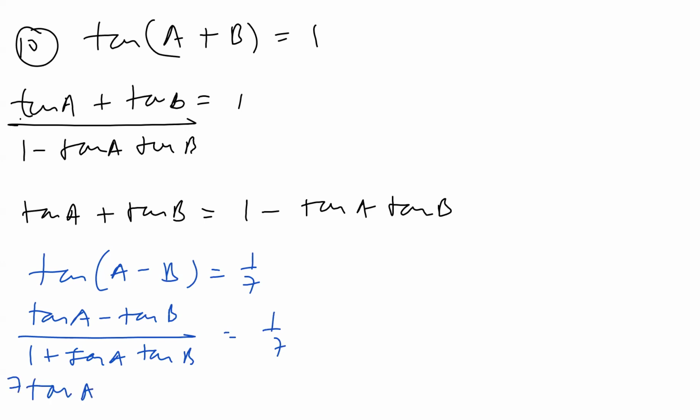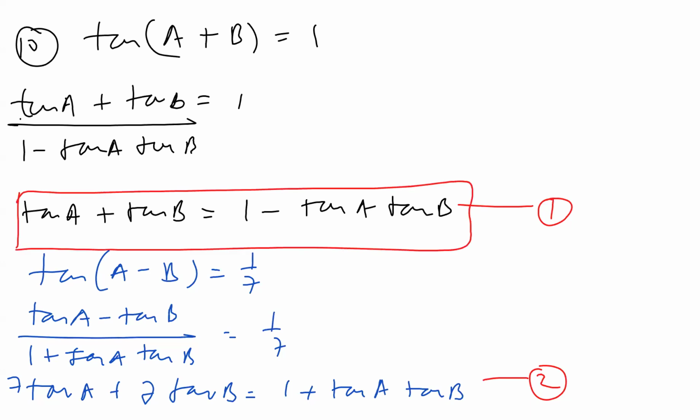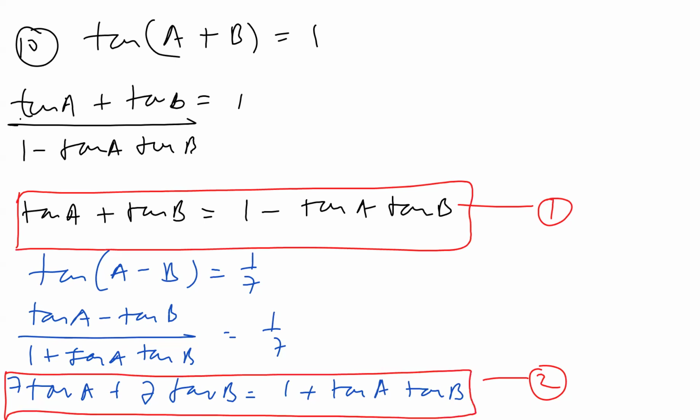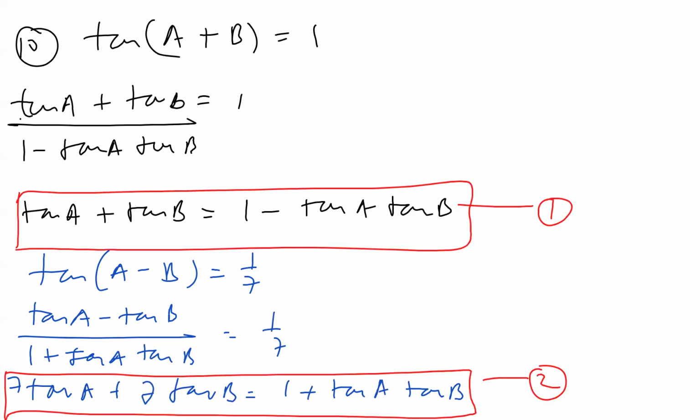So 7 tan A minus 7 tan B equals 1 plus tan A tan B. Equation 1, equation 2. Now first we'll add 1 and 2 so that this term will get cancelled. So add 1 and 2.